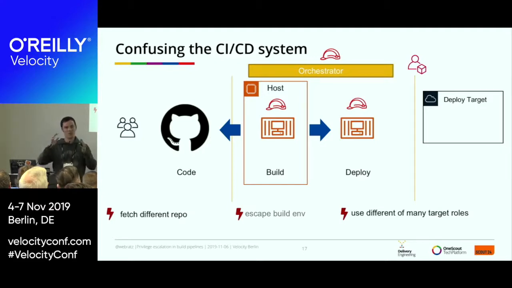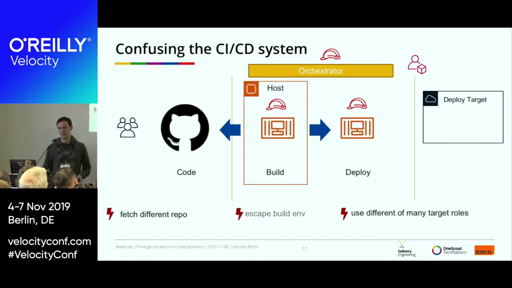If you have a big CI/CD system that has access to all of those repos, we could just tell a build job that's working with some permissions, why not just fetch another repo and execute that code with the permissions the original job was intended to have? Nothing stops us from doing that. If we only have permissions on the build system, we don't need permissions anywhere else. That's enough.